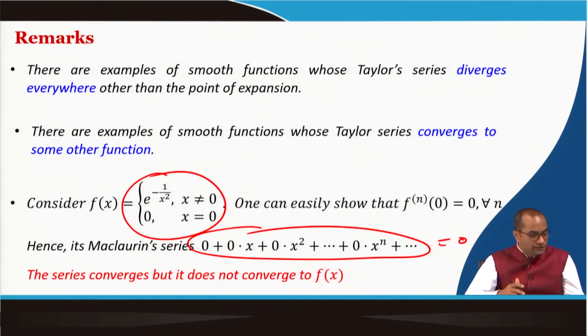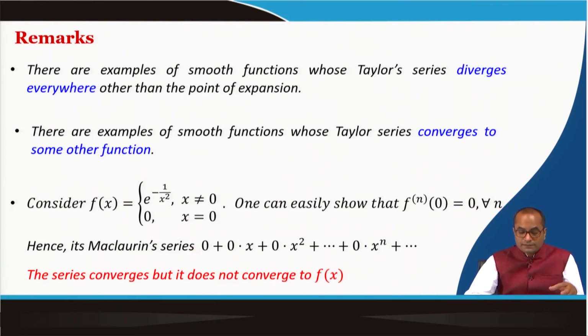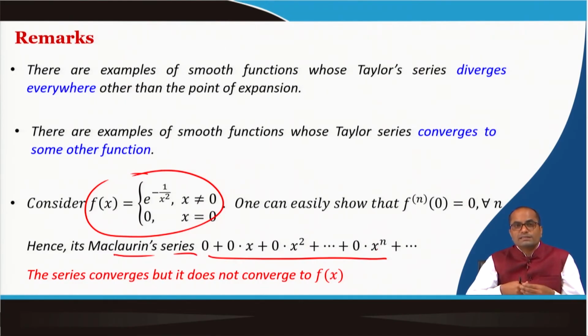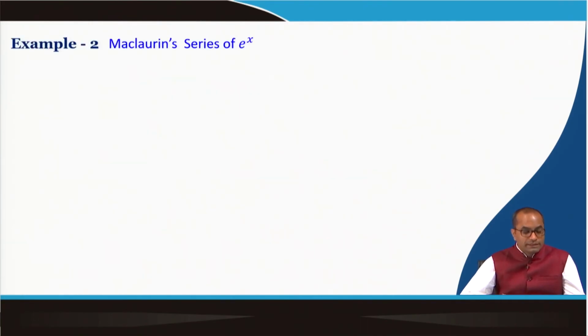So, for this function the Maclaurin series does not converge to the function value. It converges in this case, but it does not converge to the function value f(x). This is identically 0 for any value of x. So, here we have to be a bit careful.